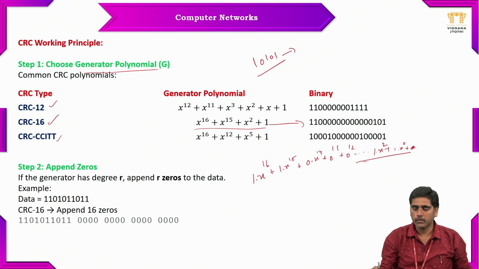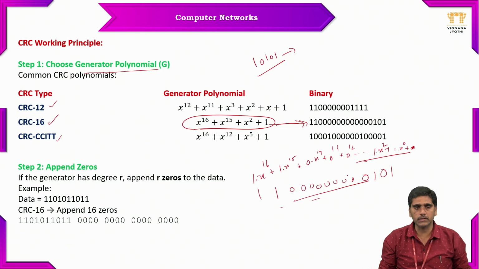That is the generator polynomial computation. The binary bits are 1, 1, 0, 0, 0 up to x^3, then x^2 is 1, x^1 is 0, and again 1. This is the overall polynomial binary code of CRC 16.